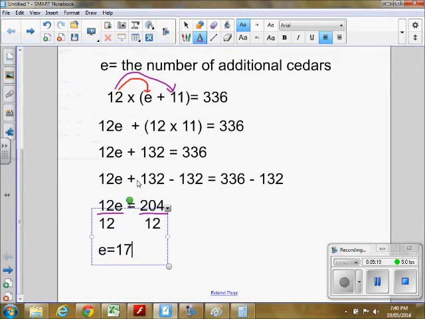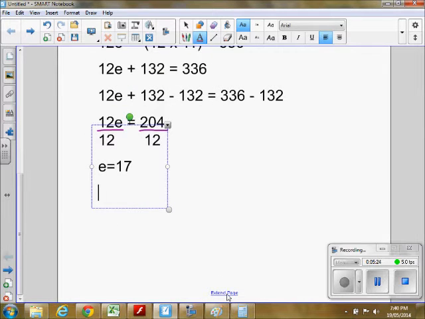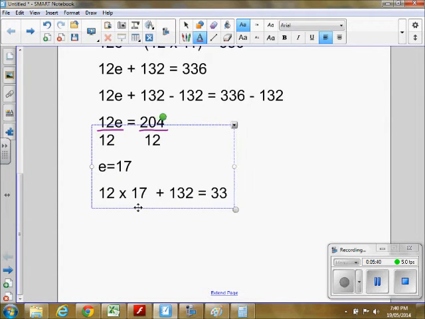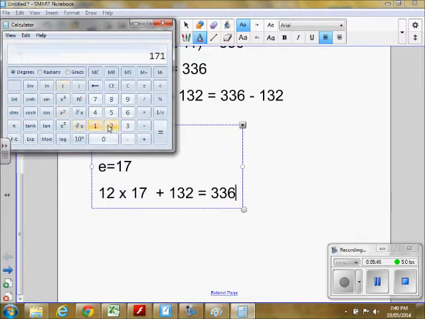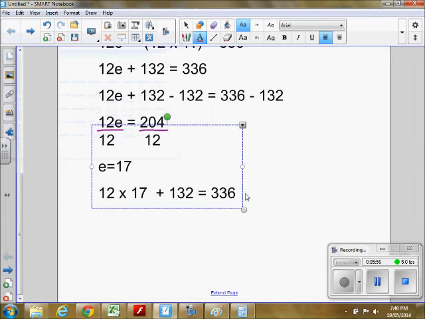And now to verify the solution. So we can do that by 12 times 17 plus 132 equals 336. Calculator says 12 times 17 is equal to 204.